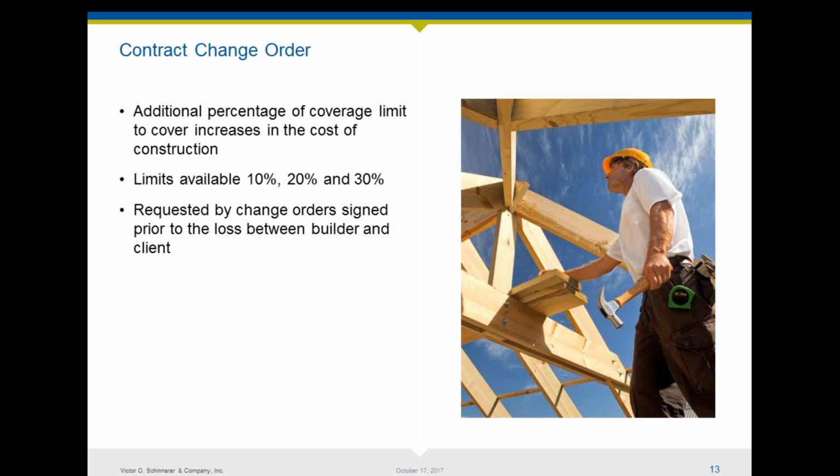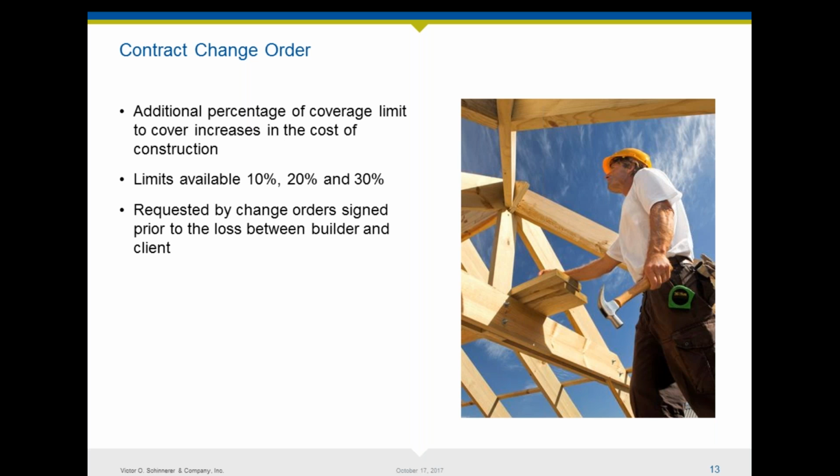So if you're building a new house and you have your limit already set, but you think there could be changes along the way where the coverage limit could be increased. Maybe the client is going to select better or higher-end materials, or do the kitchen up a little nicer than expected, and that could push the limit over the covered limit provided on the declarations page.